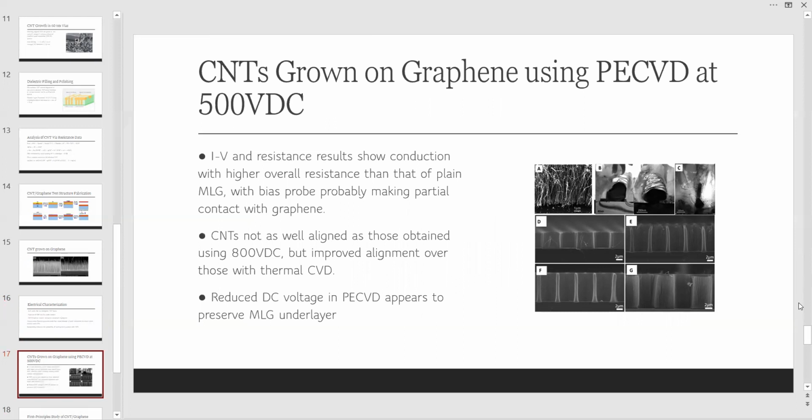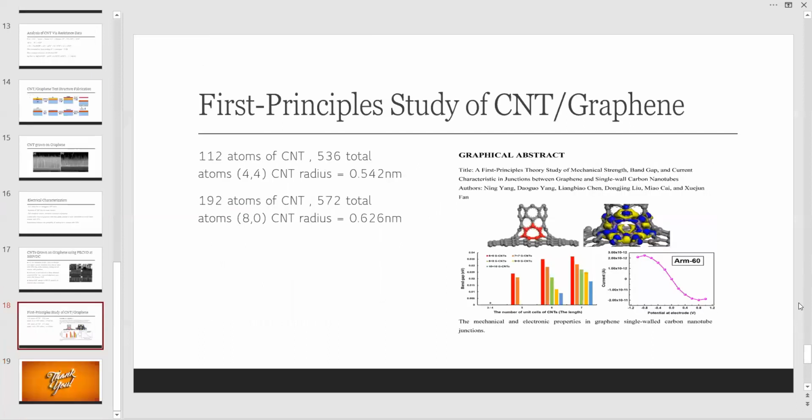At 1 volt, resistance results show conduction with higher overall resistance than that of plain MLG, with the bias probe probably making partial contact with graphite. CNT is not as well aligned as those obtained using 800 VDC, but alignment is improved over those with thermal CVD. Reduced DC voltage in PECVD appears to preserve the MLG underlayer.